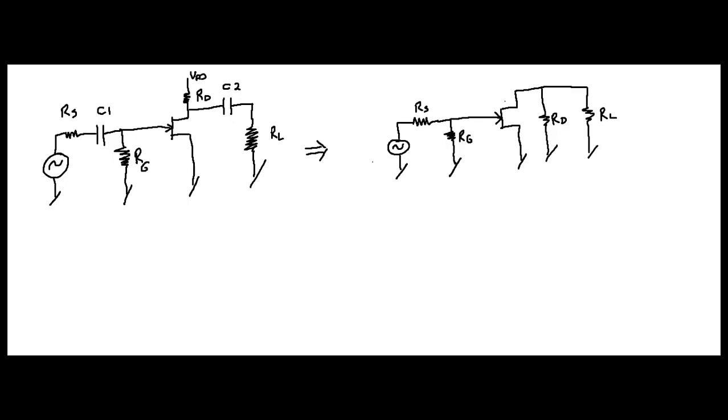So what we can do here is simply, instead of capital RD, we'll just call this RD, and that's going to equal RD in parallel with RL, just what we just said, okay?